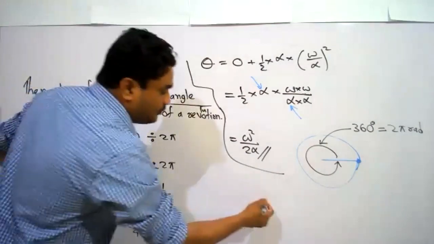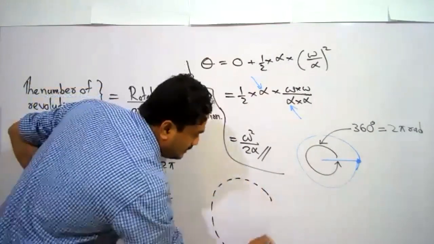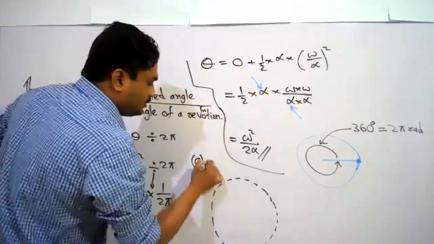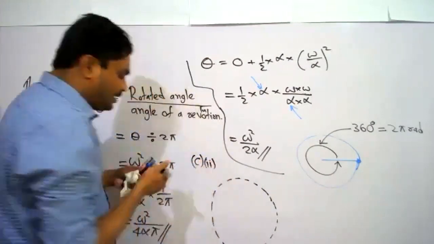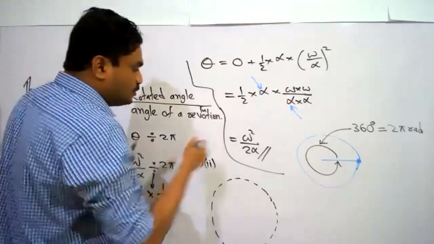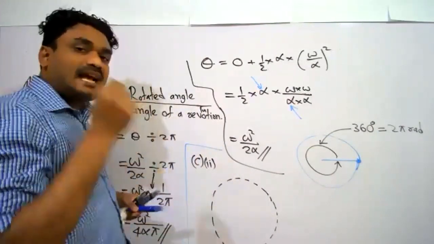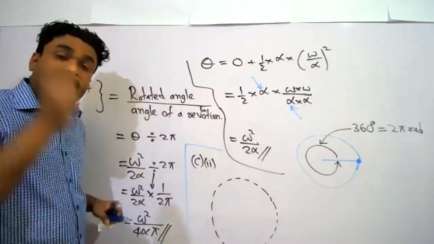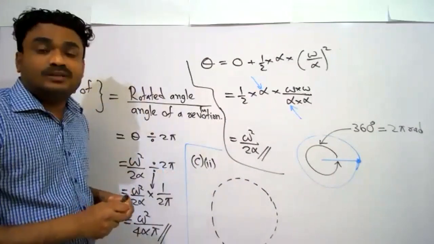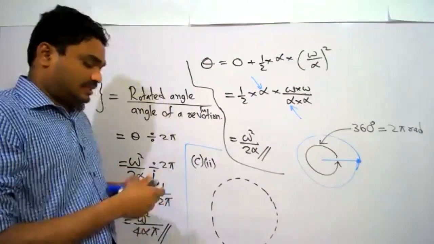We know that for any particle to be moved along a circular path, there must be a force acting on that particle, and that force should be directed to the center of the circular path.